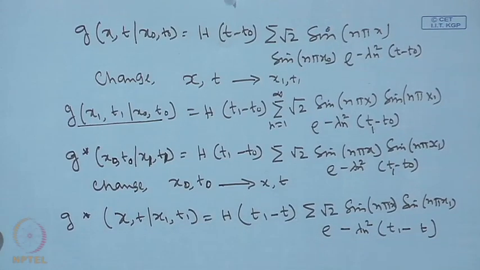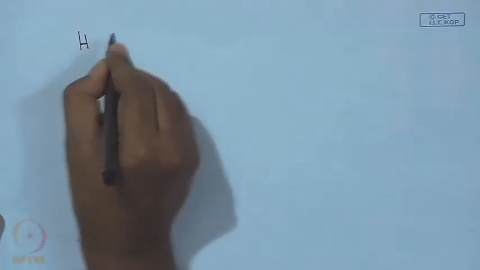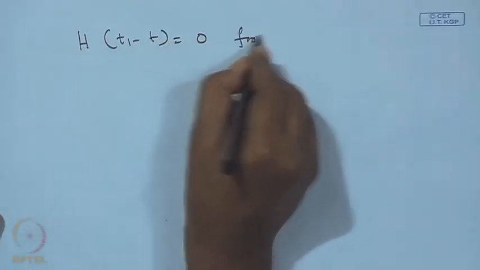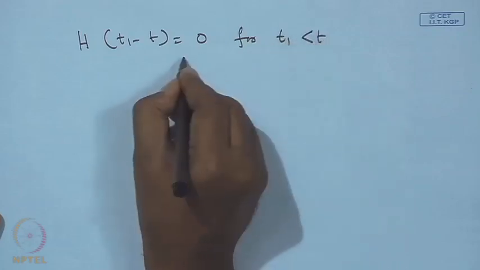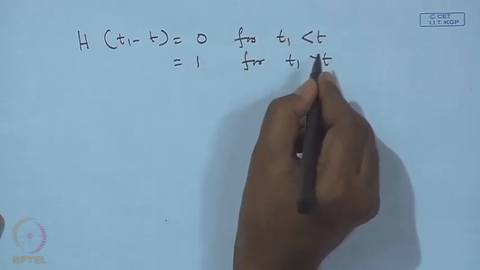Now, if you remember the definition of the Heaviside function of t1 minus t, the Heaviside function will be like this. H(t1 minus t) is equal to 0 for t1 less than t and it is 1 for t1 greater than t.